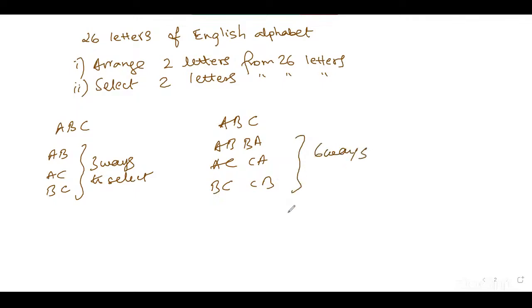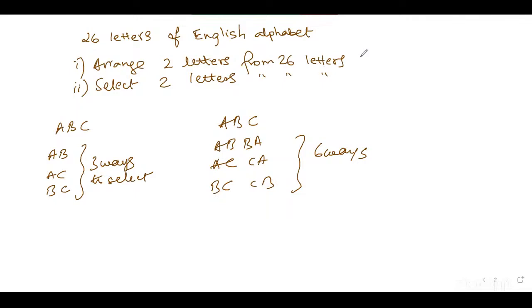So it was easy. You could just do it on your fingertips, or write it down. But when there are 26 letters, A to Z, and you have to select or arrange 2 letters, then you require a formula.